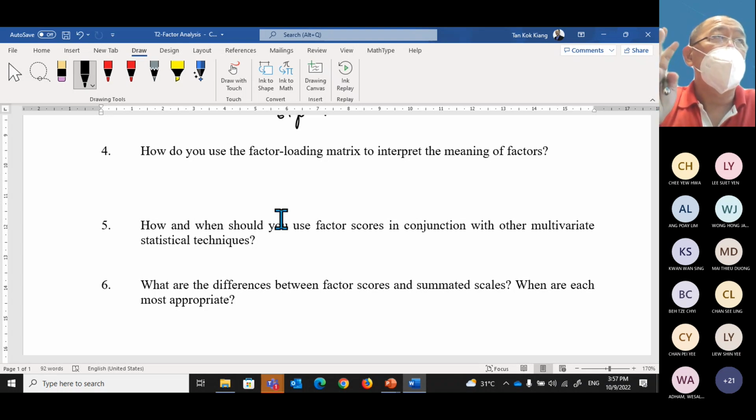Let's say 5 variables belong to factor 1. Therefore, you can use these 5 variables to give a name, to interpret the meaning of the factor. So find the similarity among the 5 variables. That's the process. Therefore, we can use the factor loading matrix to interpret the meaning of the factors.